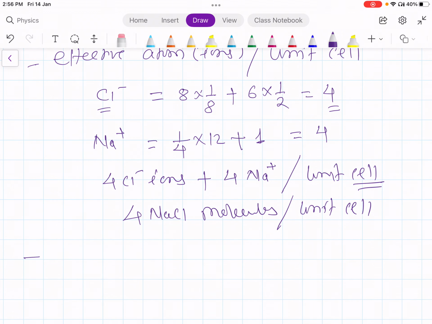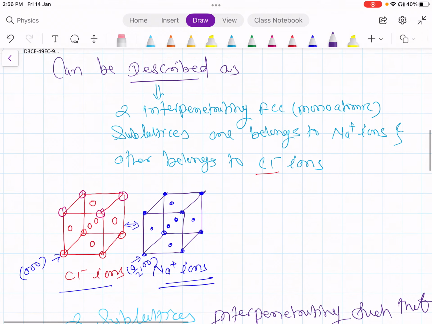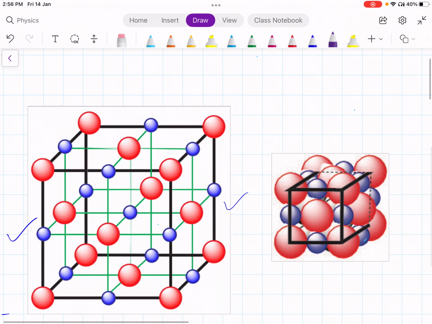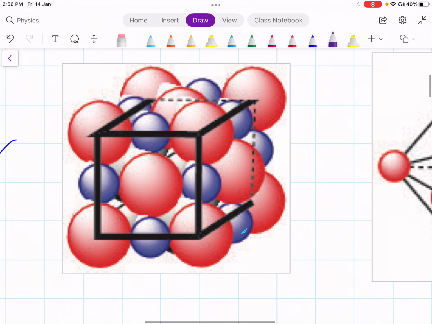Now in this case, these ions are in contact with each other along the edge. Let me show you that diagram here. This is the actual diagram of the NaCl.